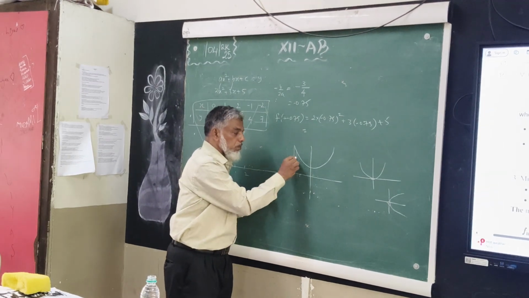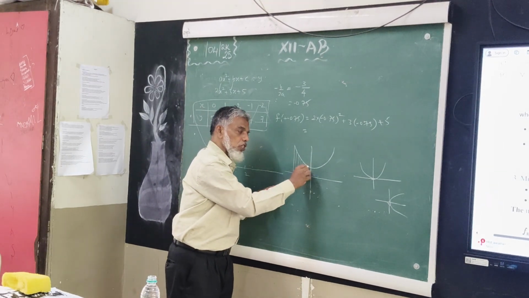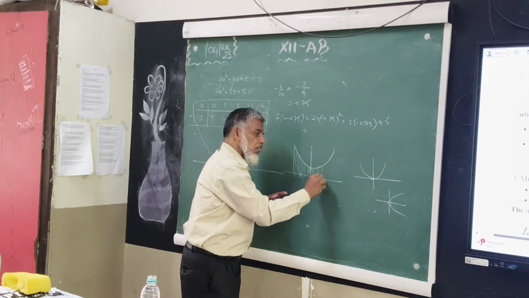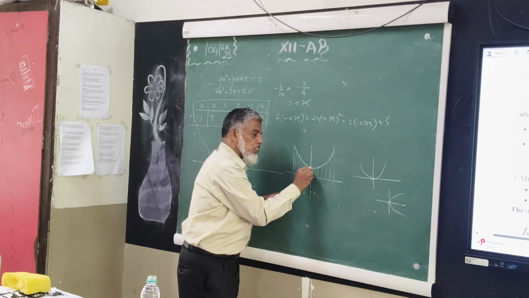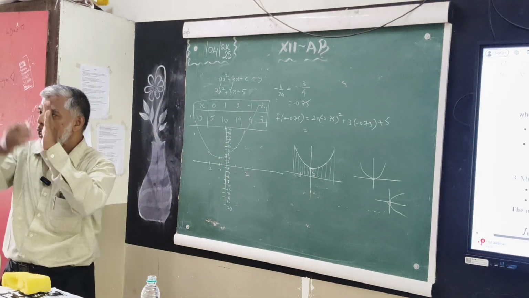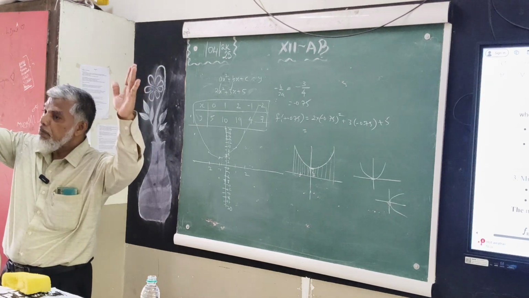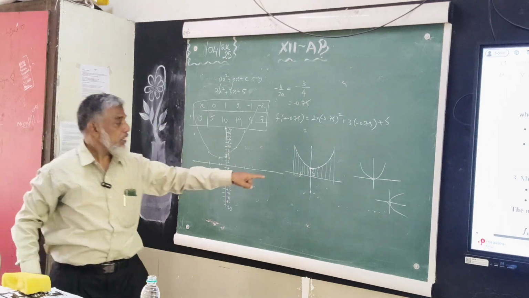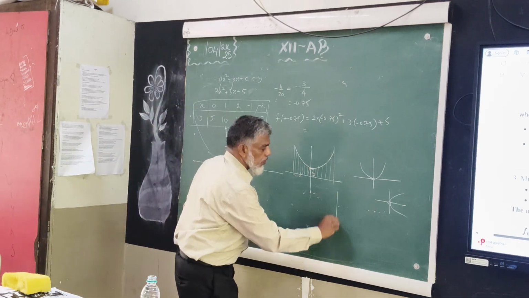The value gets reduced, here is the minimum value, and again it increases. So the minimum value is here. Otherwise y is always getting larger than this. So the minimum value occurs at the vertex.